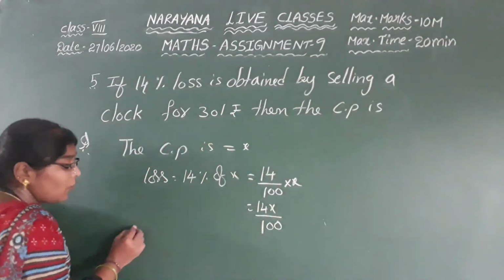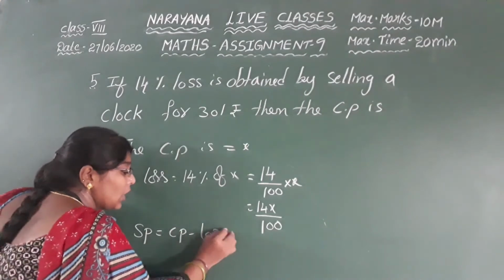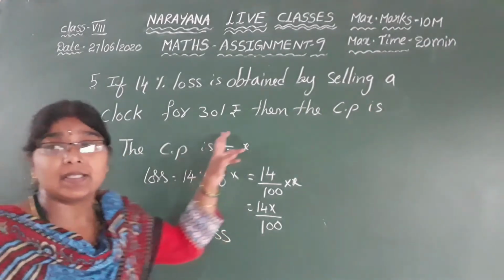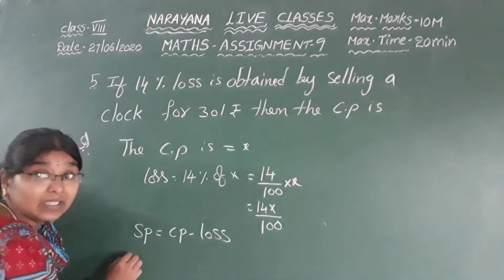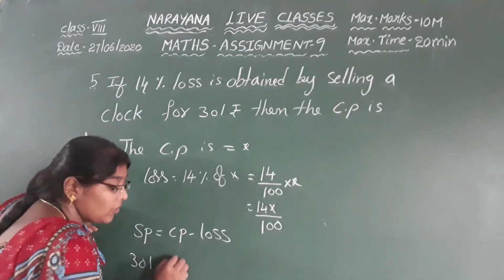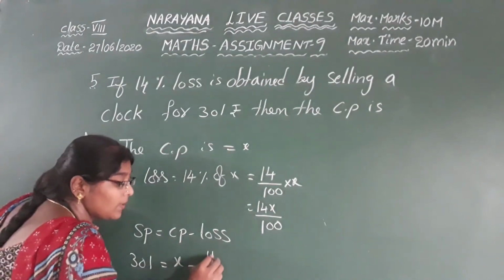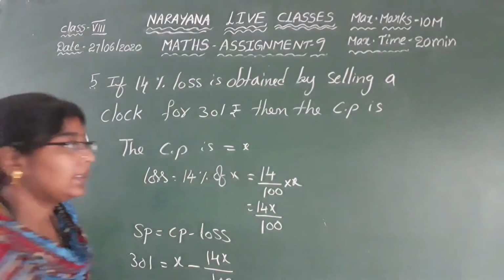So what is the formula of selling price? Selling price is equal to cost price minus loss. Selling price 301 rupees is given, and cost price we don't know, so x. And loss is 14x by 100.